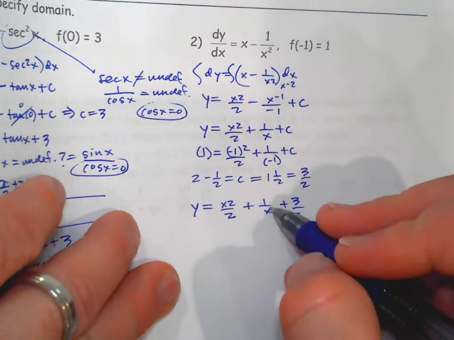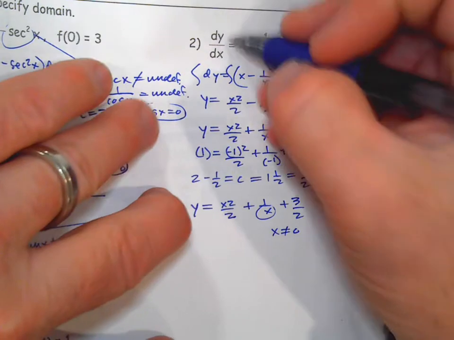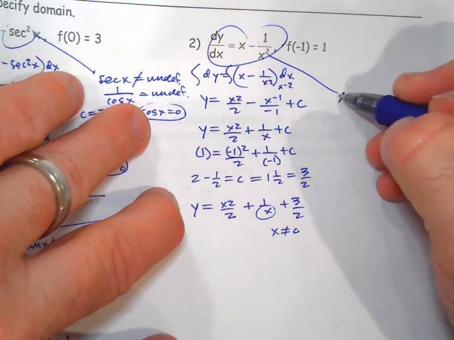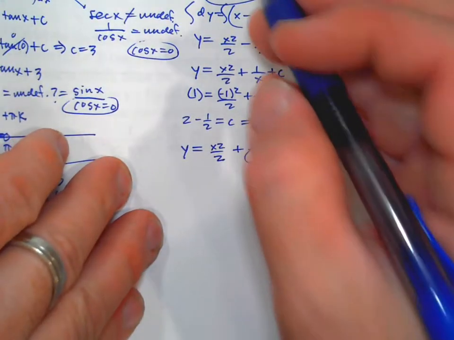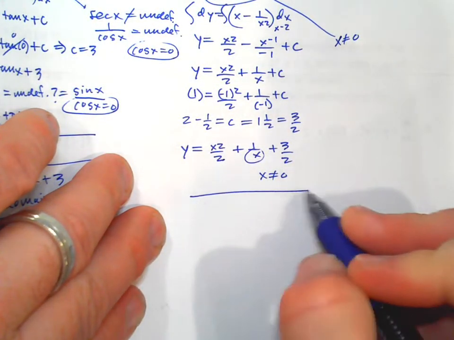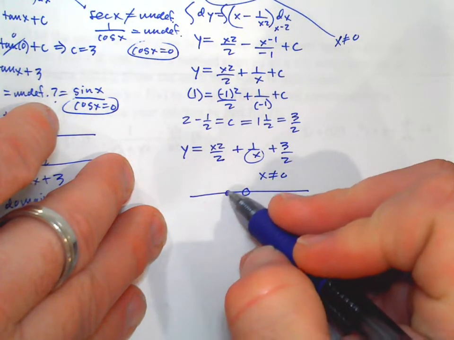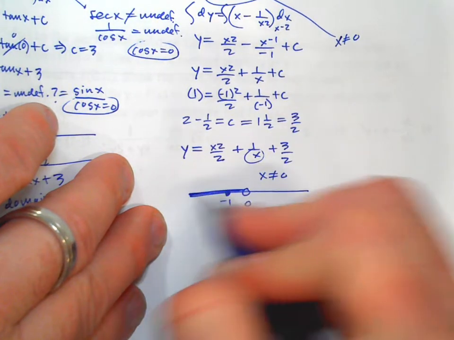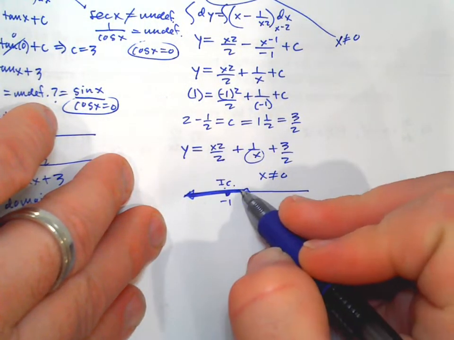But there's an issue here. X cannot equal 0. We also should check up here, where we happen to have the same issue. It's pretty common. Always double check. Something could come up here that didn't come up there. So I'll just put an open dot at 0 and pick the chunk that has the initial condition on it. Now I put a little solid dot. In no way should that be part of your domain.